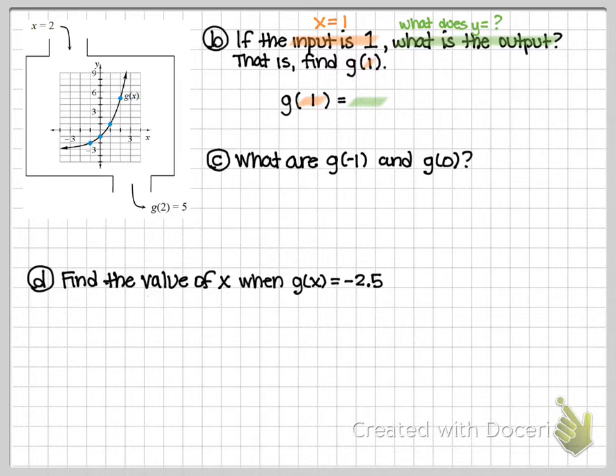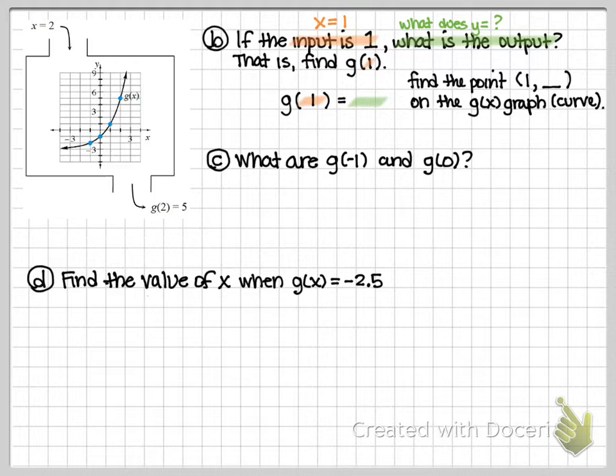So I want to find the point (1, something) that's on the g of x graph. And remember, we're looking to be on the curve. So I'll do this one with you, and then I'll see if you guys can do part C.